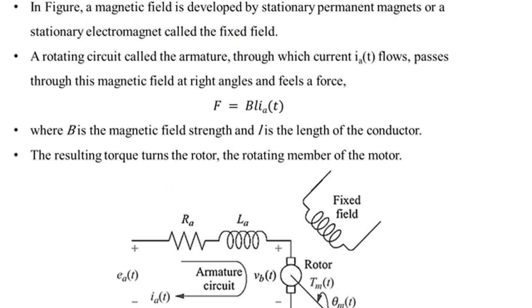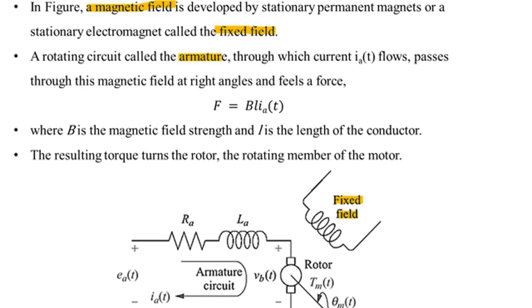Dear students, for transfer function, see the schematic diagram of a DC motor given in the figure. We have permanent magnets or stationary magnets in a DC motor which produces a magnetic field known as fixed field.